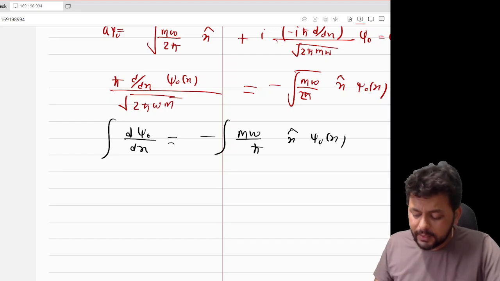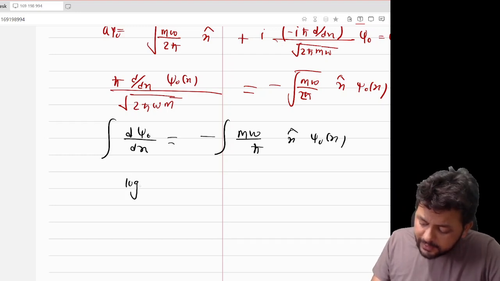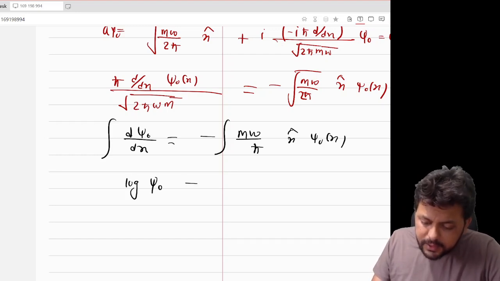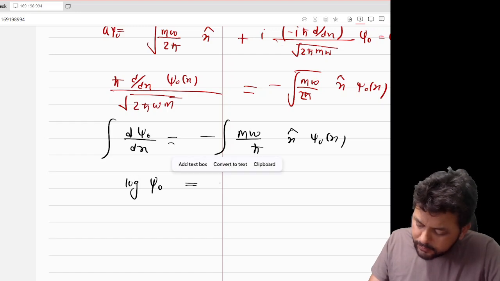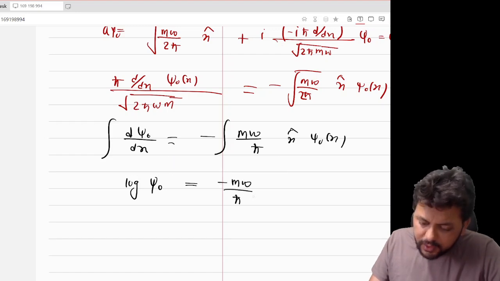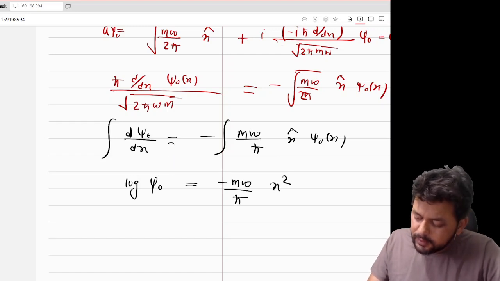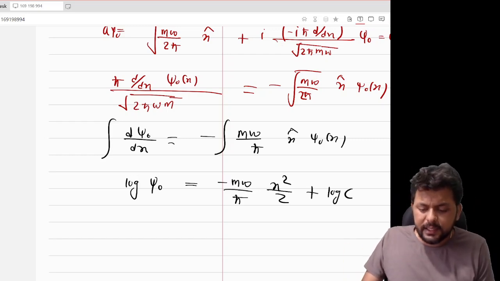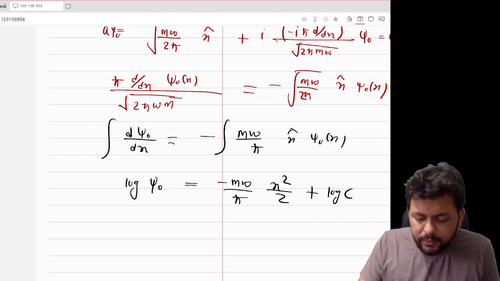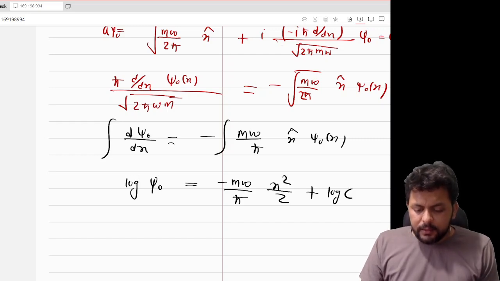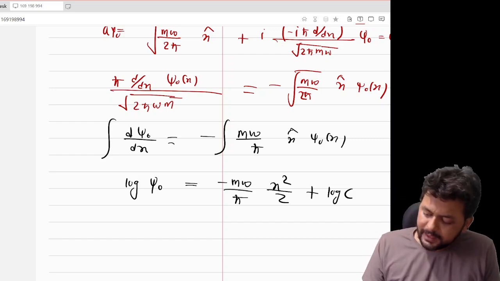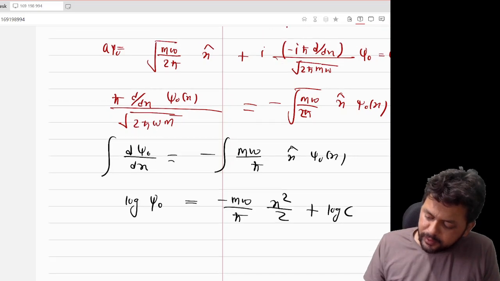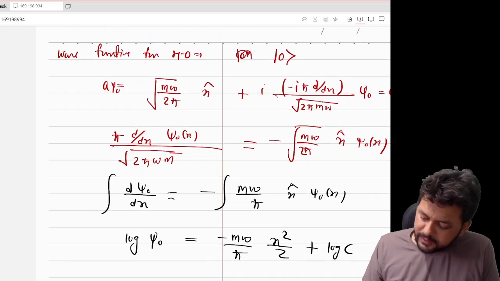When you do an indefinite integration, you get ln of psi naught equal to minus m omega upon h cut, it becomes x square by 2 plus log of c. With respect to dx we are integrating it. I hope till here there is no issue, you have understood all the things in a detailed way.